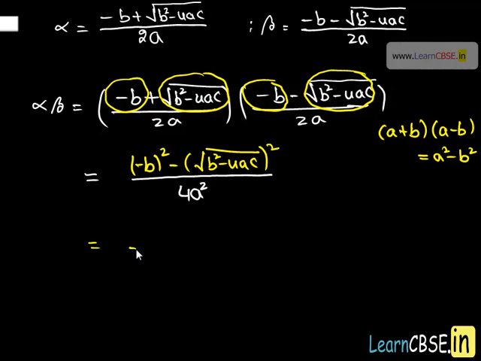On simplifying, negative b square is b square, square root and square get cancelled, therefore we remain with discriminant, that is b square minus 4ac upon 4a square.